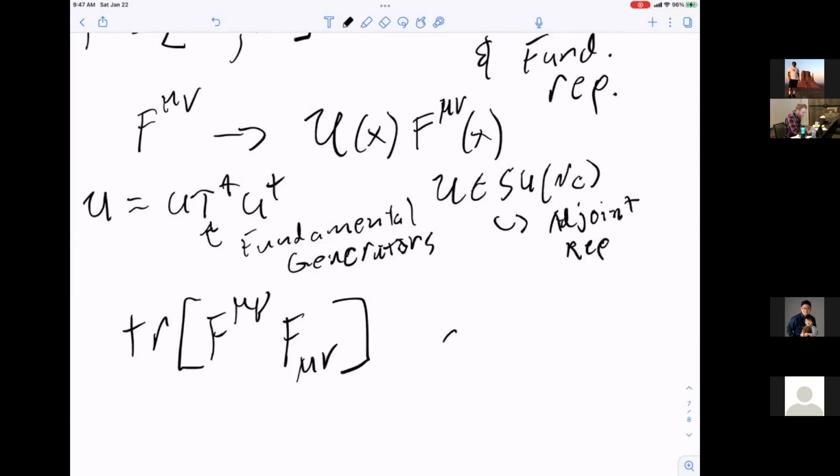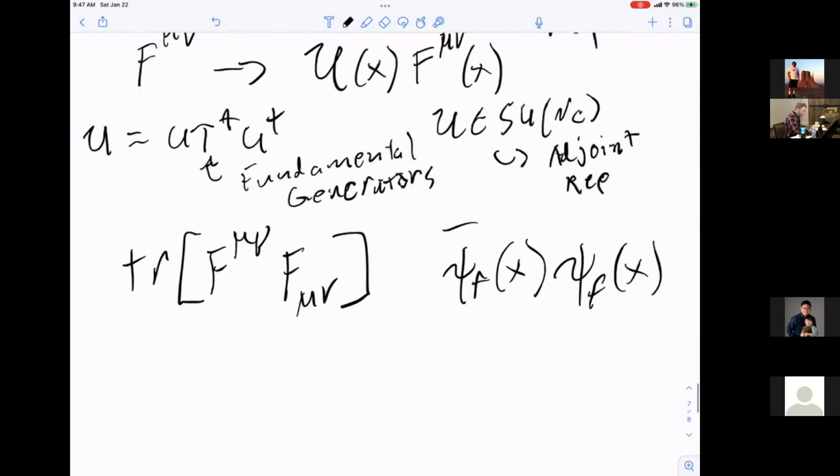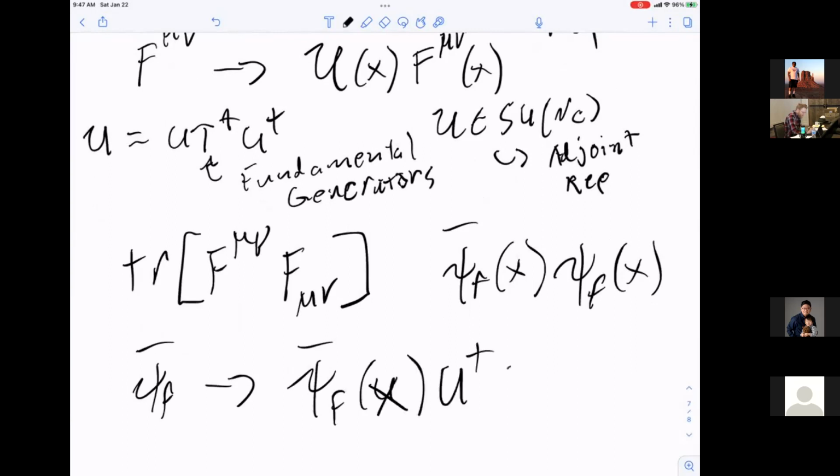I could also form psi-bar_f of x psi_f. This would be gauge invariant because my psi-bar transforms into the anti-fundamental, because it's basically just the dagger of whatever my psi was.